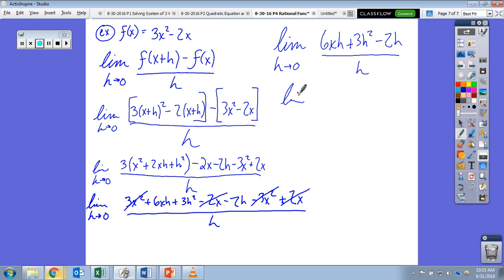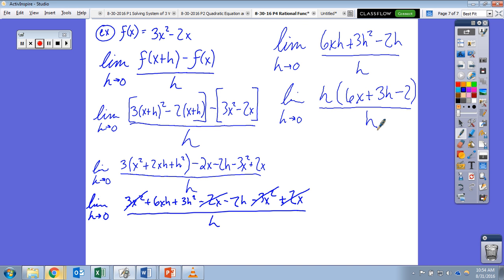So we have the limit as h approaches 0 of, factoring out the h, h times (6x + 3h minus 2) all over h.